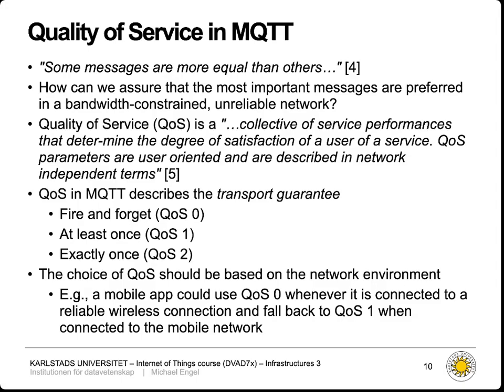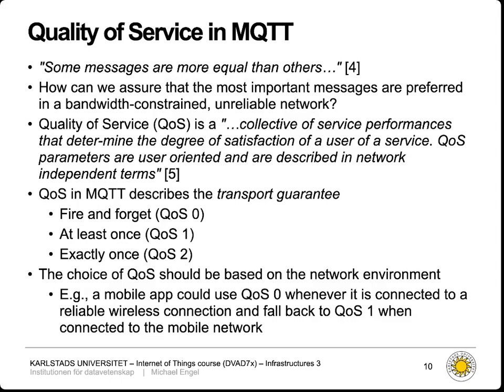Now, the choice of the QoS level should be based on the network environment. If you know you have a reliable network, you can maybe reduce your requirements. For example, a mobile app that communicates with another system could use QoS 0 whenever it's connected to a reliable wireless connection. So it's fire and forget, because in 99.999% of cases our messages are still going to arrive. But it can fall back to a more strict requirement like QoS 1 when connected to a mobile GSM network, for example, where messages can easily get lost.